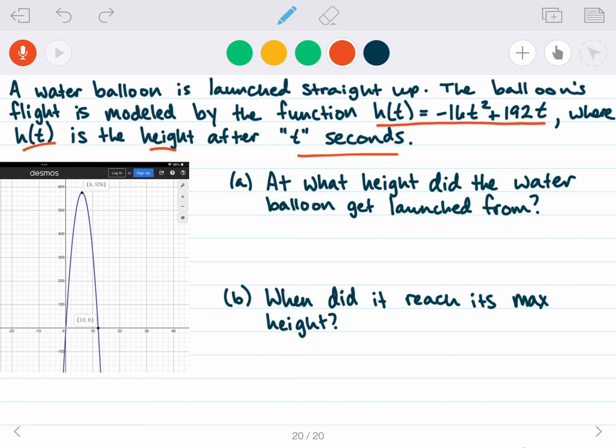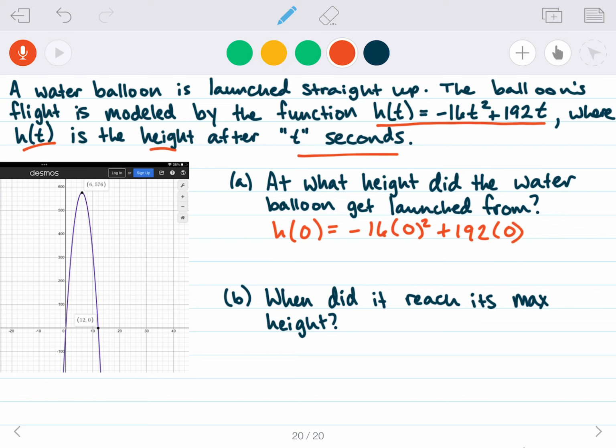It says, at what height did the water balloon get launched from? So that occurs when t equals 0, right? We can look at this algebraically, or we can look at it graphically. When t equals 0, that corresponds to time being 0. We get negative 16 times 0 squared plus 192 times 0.